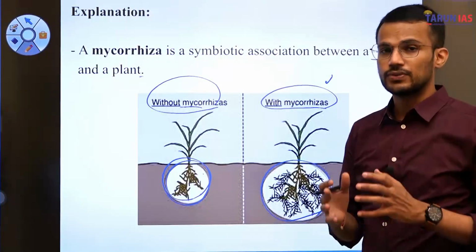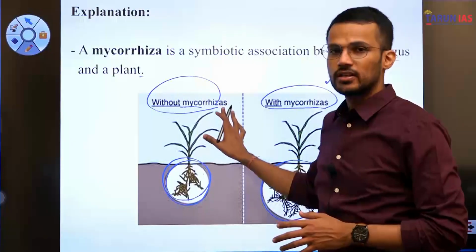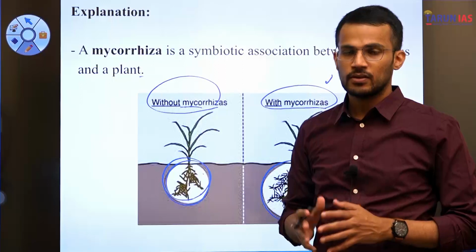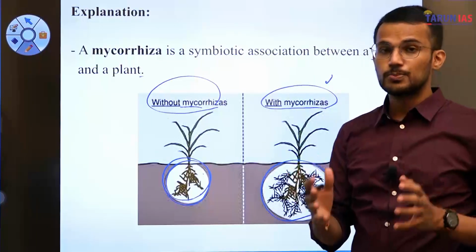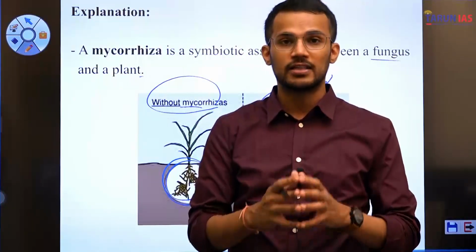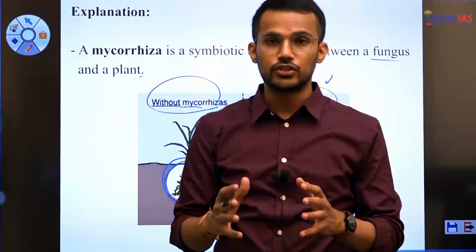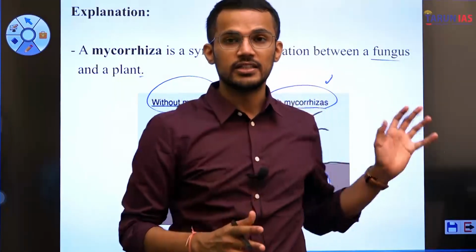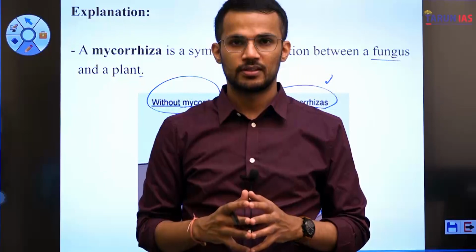And as a result of this mycorrhizal association, both are getting benefit. Fine. And you must be amazed that more than 90% of plants that are found in nature are in symbiotic association with these mycorrhizae.